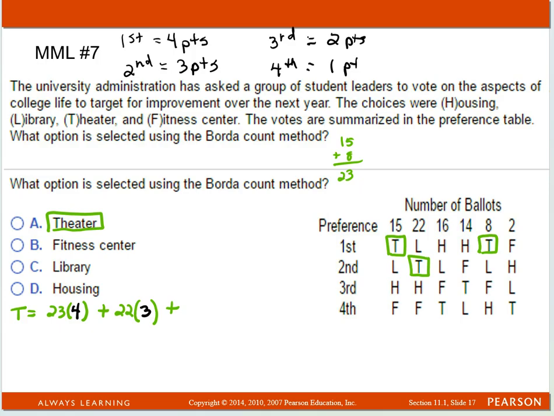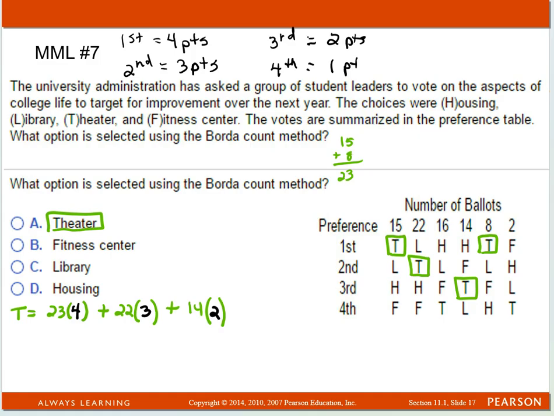Plus, now I move to the third row. I'm looking for T for theater. There's only 1 T, and that is 14 votes. Each one of those votes gets you 2 points for third place.